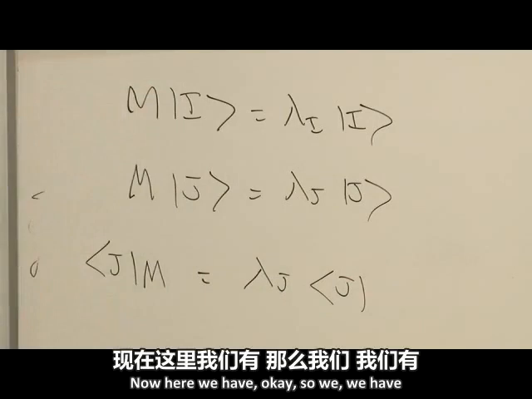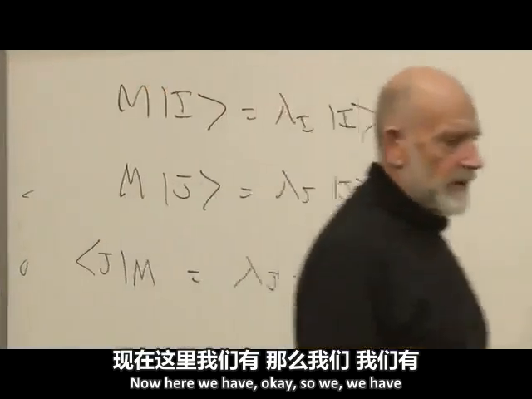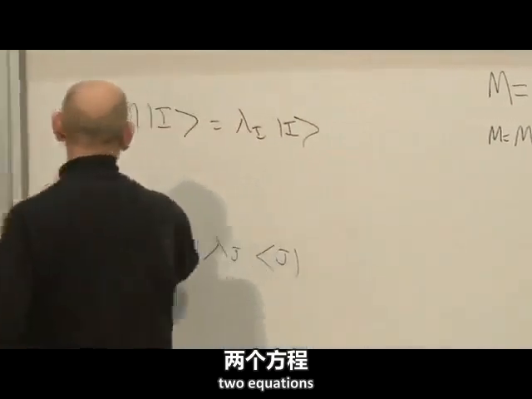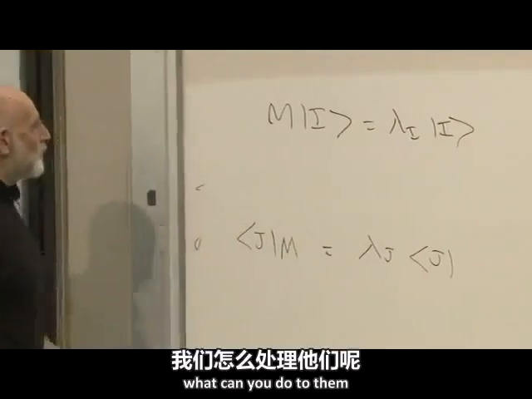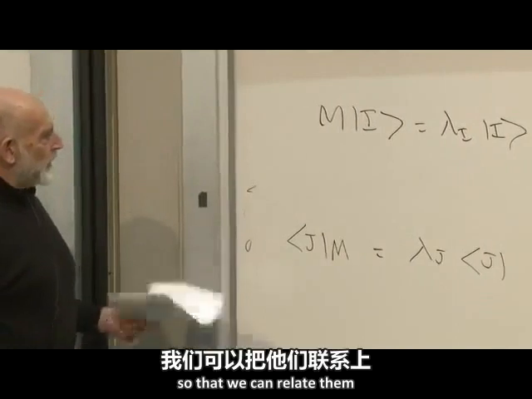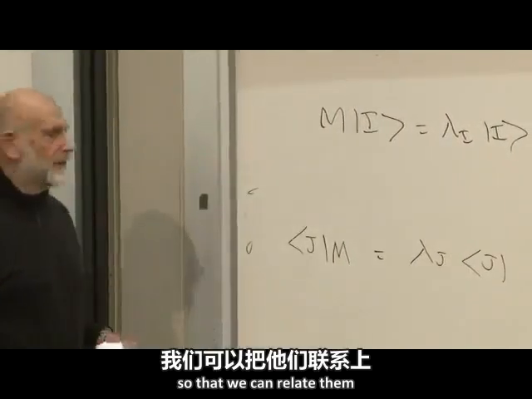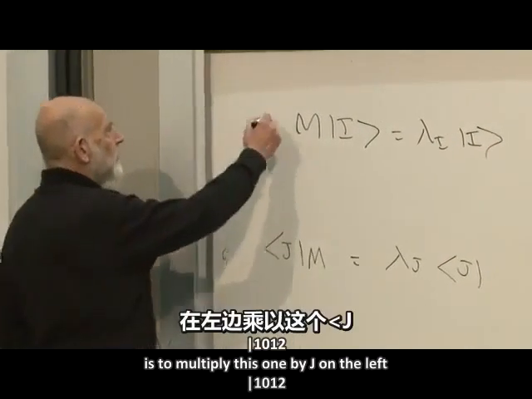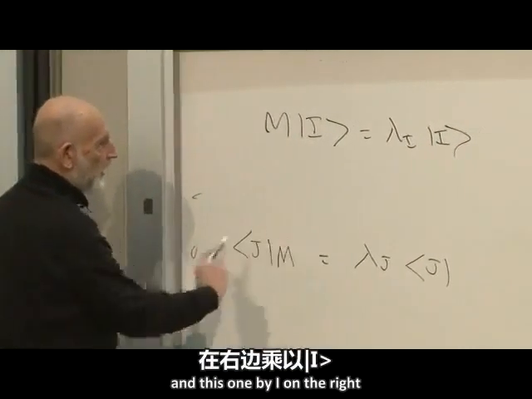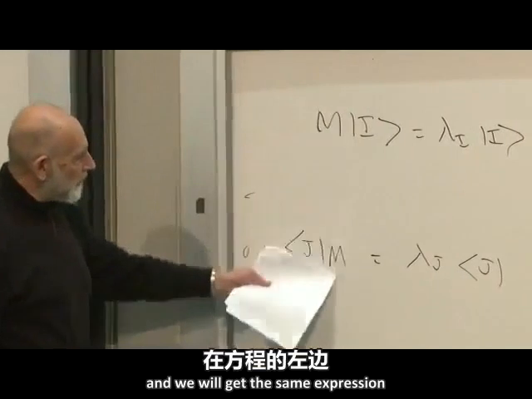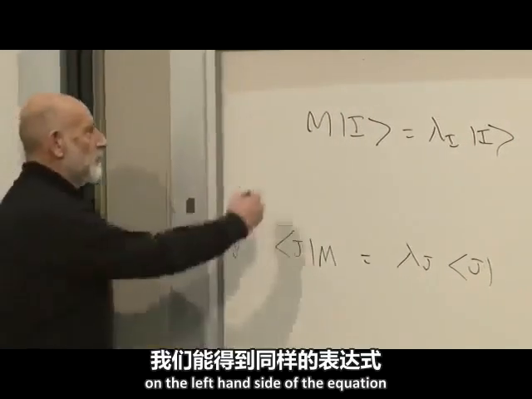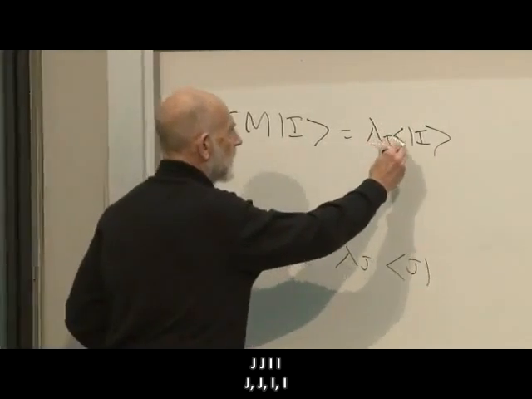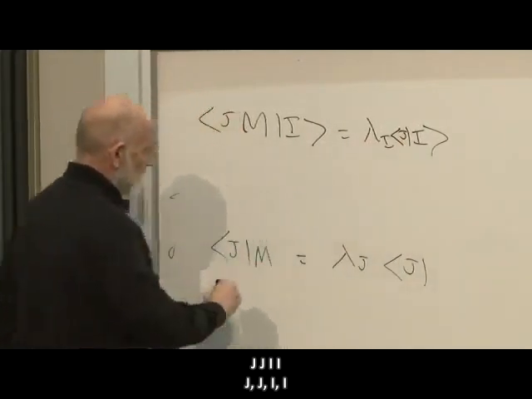Now, we have two equations. What can you do to them so that we can relate them? What we can do is multiply this one by J on the left and this one by I on the right. And we will get the same expression on the left-hand side of the equation. So let's do that.